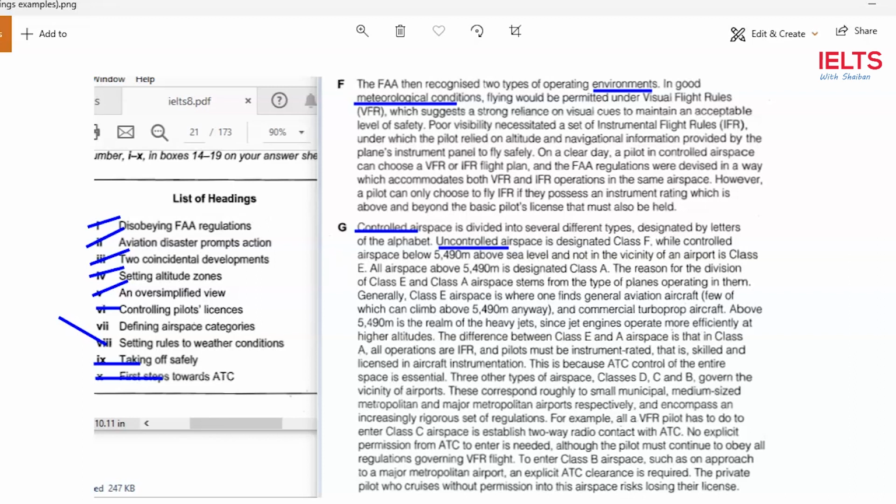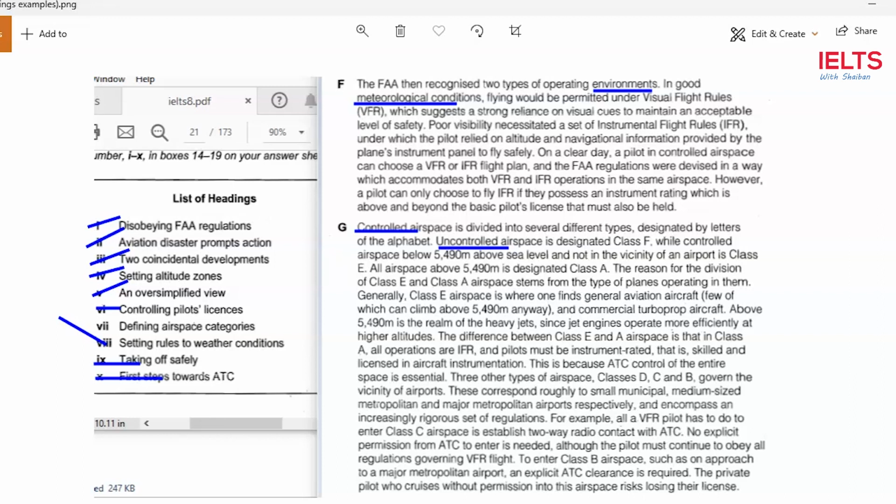So you can just do the same technique again: disobeying of FAA regulations, aviation disaster, too coincidental developments. If you go through all of them very fast, by doing the technique, you gain speed. So you can choose for sure number 7, defining airspace categories.